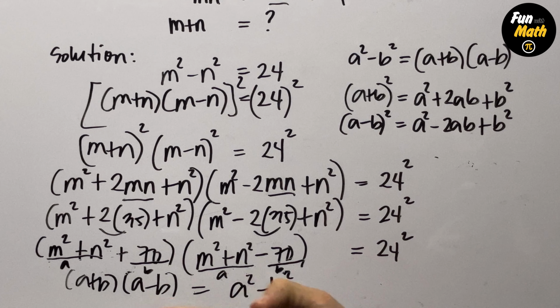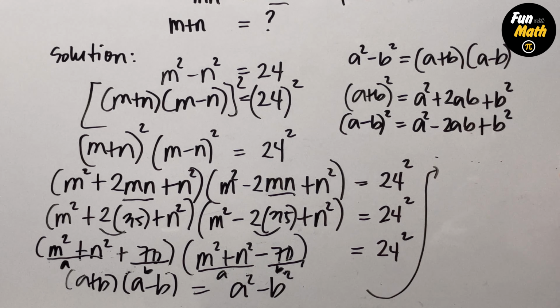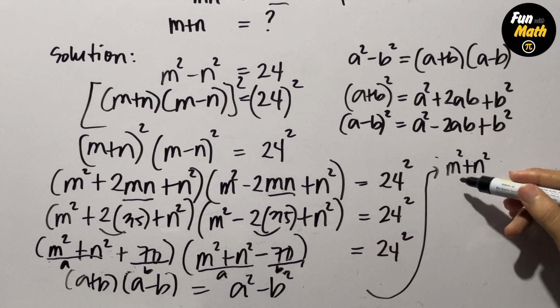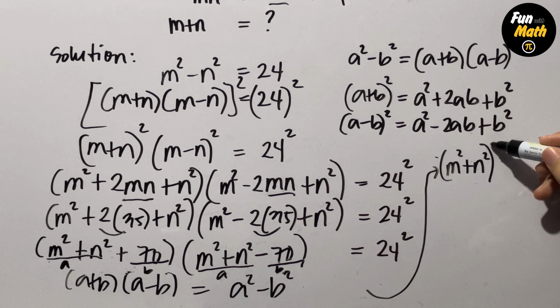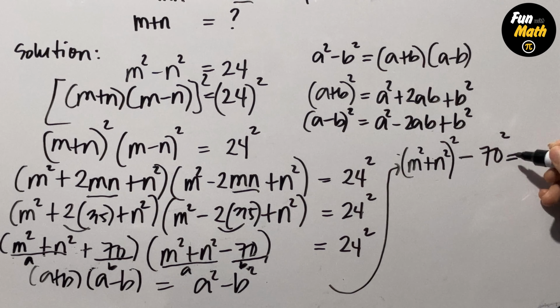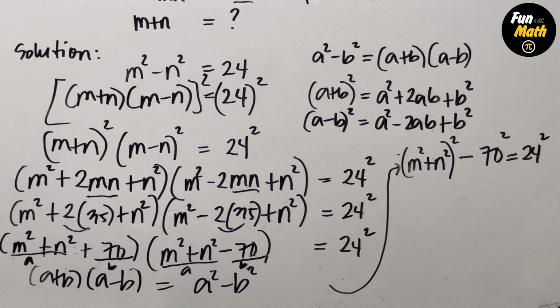So to write that, this is now m squared plus n squared whole to the power of 2 minus our b, which is 70 squared, equals 24 squared. Now, we can take minus 70 squared to the other side.